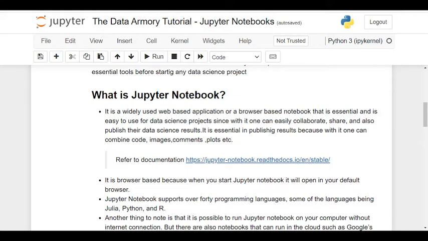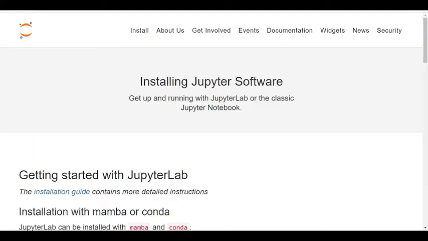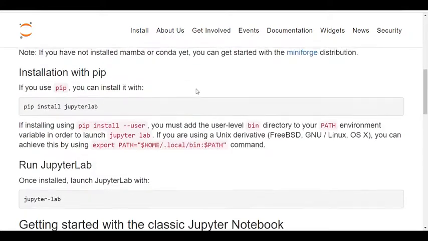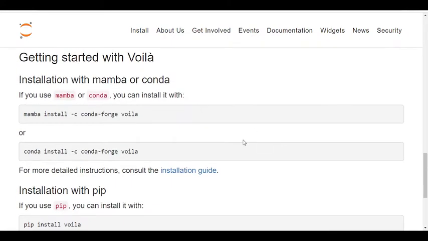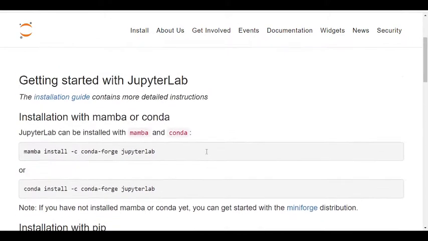To learn more about the Jupyter Notebooks, you can go to this link, and that will lead you to Project Jupyter, whereby there's a lot. This is the Project Jupyter official website, where there's a lot that you can learn about Jupyter Notebooks.